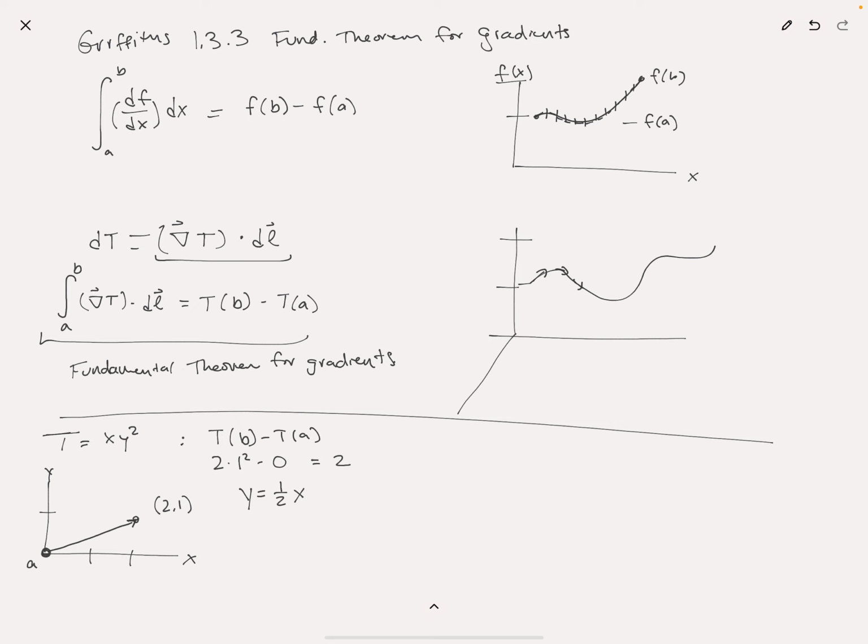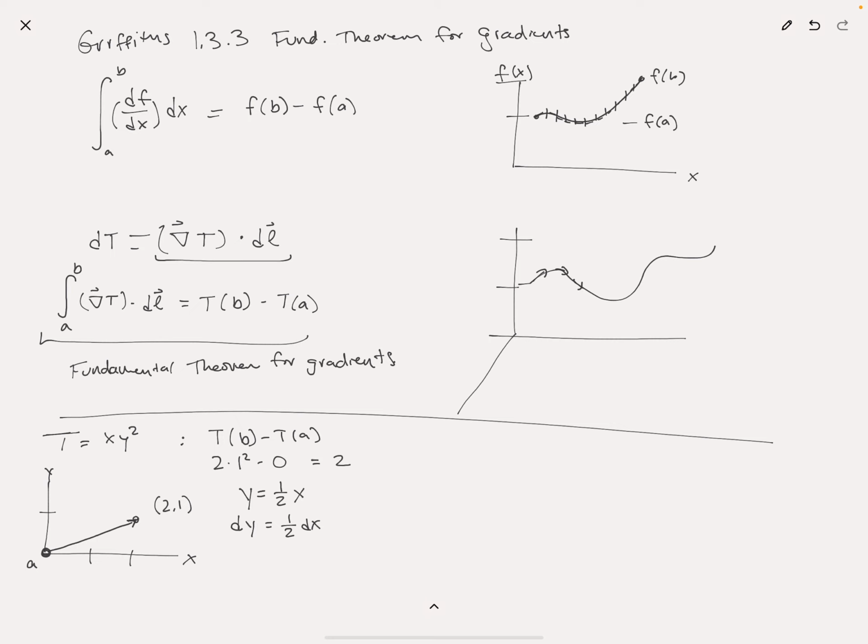Just like we did in a previous example, that means dy is equal to 1/2 dx. Now, to compute the integral of my gradient dotted with my infinitesimal displacement, I need to define what that infinitesimal displacement is, and I need to calculate what the gradient is.